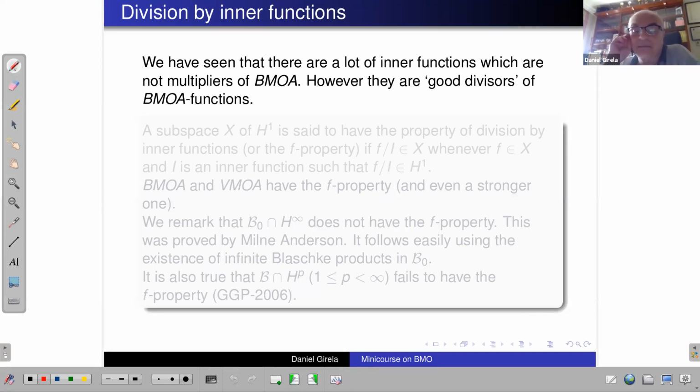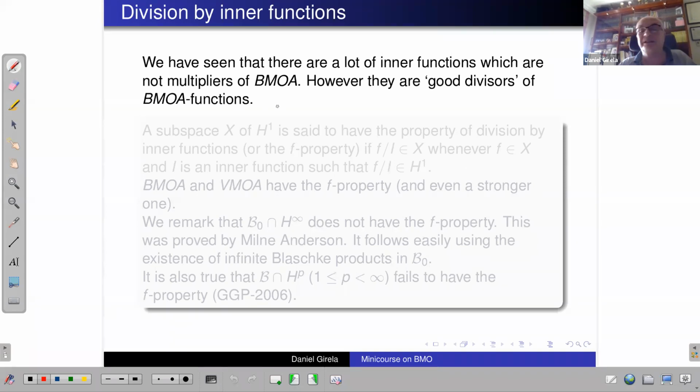There are Blaschke products which are not multipliers. So BMO does not behave well when we multiply by a Blaschke product. However, we can think not about multiplying a function by a Blaschke product, but dividing. And Blaschke products are good divisors of BMO functions.